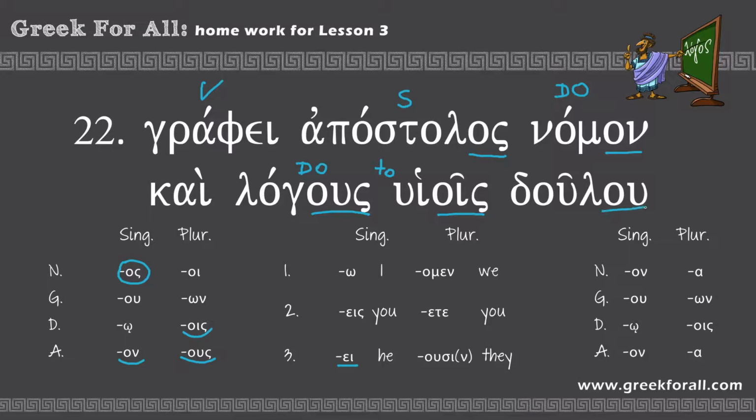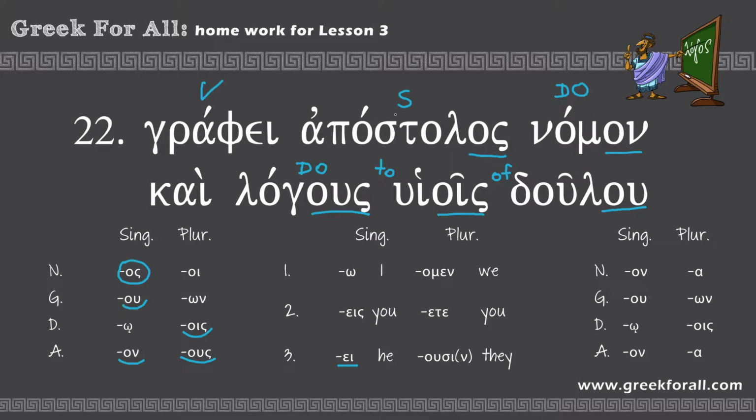Doulo has the ending u, which is the genitive case ending, and this is the possessive case. So we'll need to put of here when we translate. So huiois doulo means sons of a slave. This is singular, sons of a slave.